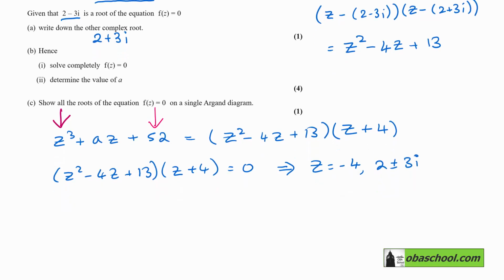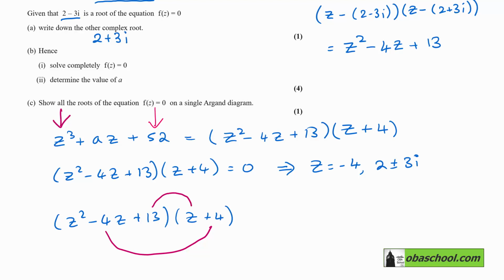So if we consider z squared minus 4z plus 13, z plus 4, and consider the parts of the expansion of that would give us a z. So we would get negative 4z times 4, and we would get 13 times z.